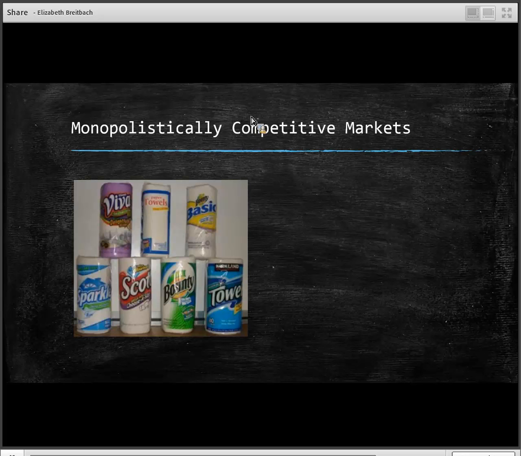Hotels along the interstate. As I'm driving down the interstate, when you get to a city, there tend to be quite a few different hotels, usually within one or two exits. So I would say that's going to be more on the spectrum of purely competitive or monopolistically competitive. So the question becomes, do they differentiate themselves?